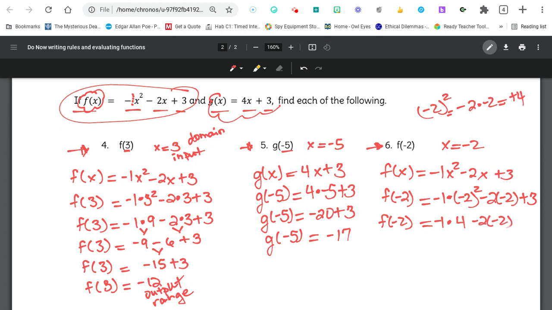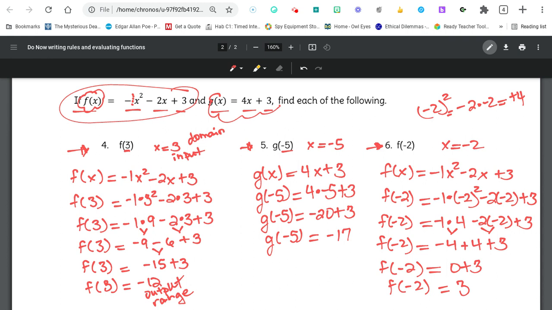I'm just going to write the rest of this back down. And then I can follow the rest of PEMDAS, which is multiplication, division, but there is no division, so I multiply from left to right. That's plus 4. Negative 2 times negative 2 is positive 4. So I end up with f of negative 2 equals 0 plus 3. Well, basically, f of negative 2 equals 3. And that's all you do.